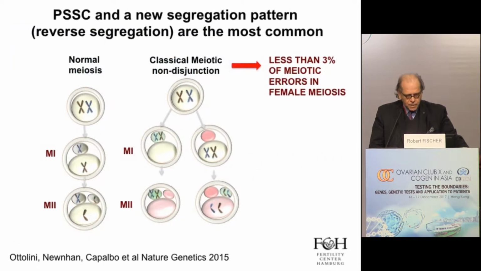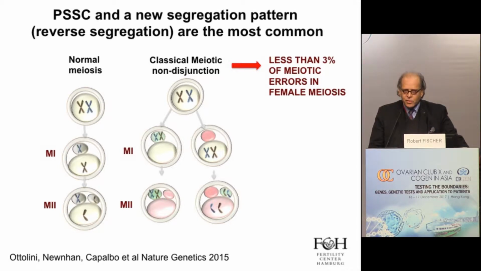So here on this side, this is a normal meiosis. You have two chromosomes, and then one chromosome will be discarded into the polar body after the first meiosis. And then in the second meiosis, you have one chromatid going, and one chromatid is left in the nucleus of the oocyte. But when you have non-disjunctions, you can have two different situations.